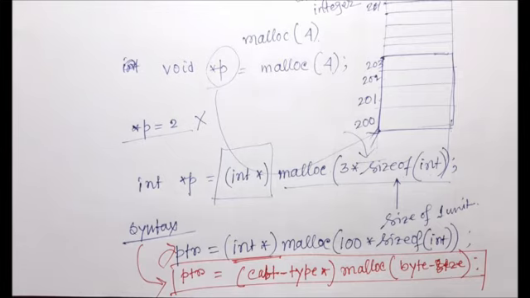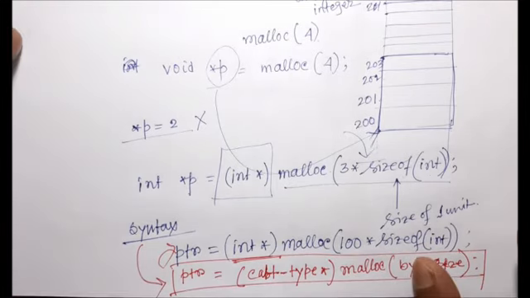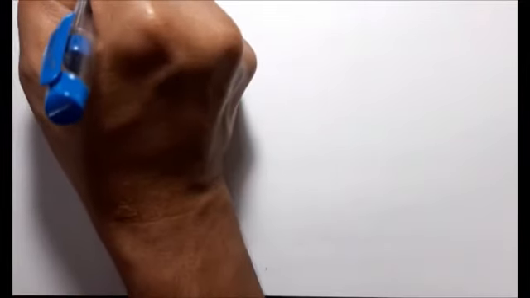And the next function is calloc. Calloc stands for contiguous allocation. Here the return type is also a void pointer, and we also need to typecast. So, this is the syntax.